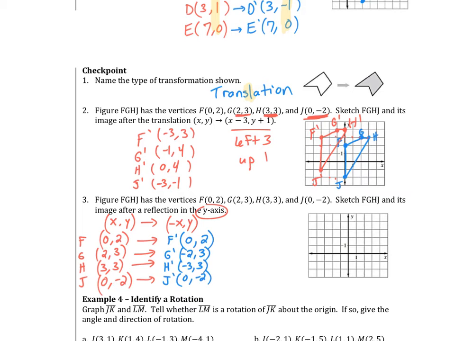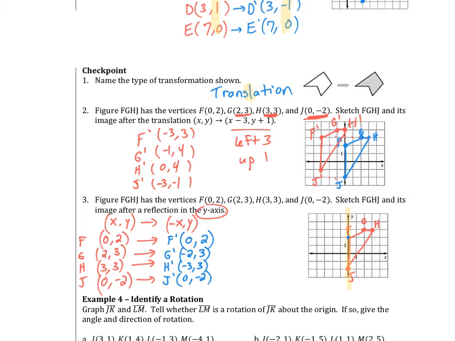If we would graph them, F, G is at 2, 3, H is at 3, 3, and then J is at 0, negative 2. So we connect these, F, G, H, J. When you flip it over the y-axis, so the y-axis is right here, it's like flipping the page. So the F is still going to stay on there.